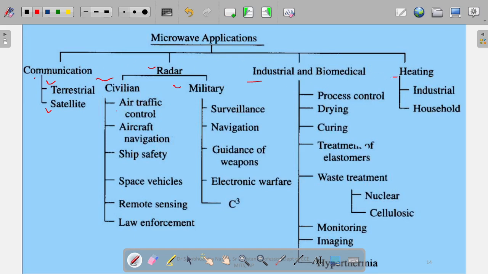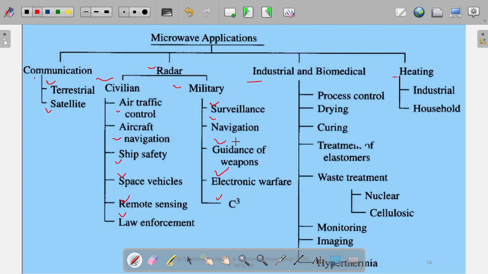In civilian, it comes to air traffic control, air navigation, ship safety, safe vehicles, space vehicles, remote sensing, law enforcement. All these come under civilian applications. And military applications: surveillance, navigation, guidance of weapons, electronic warfare, etc., and C3 is a concept we will discuss later.